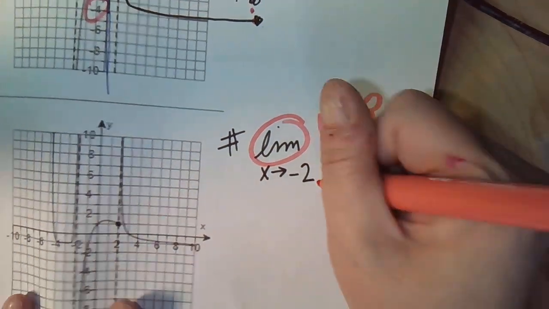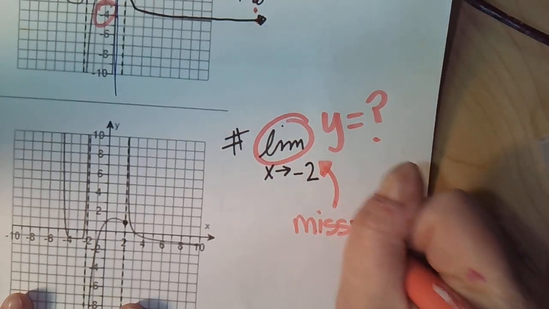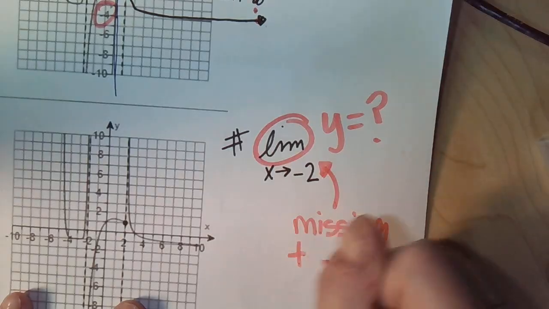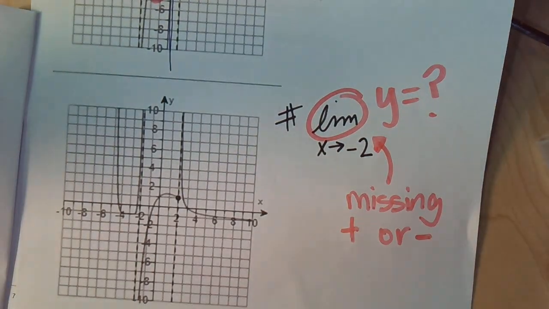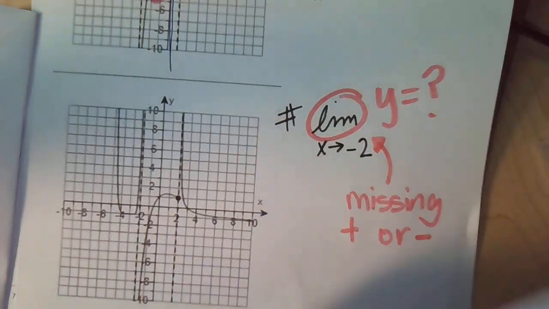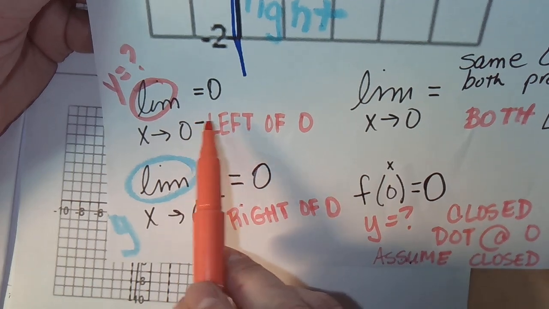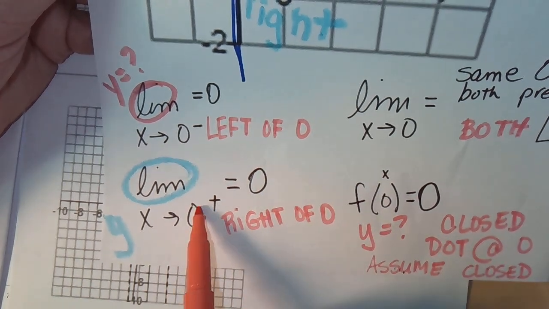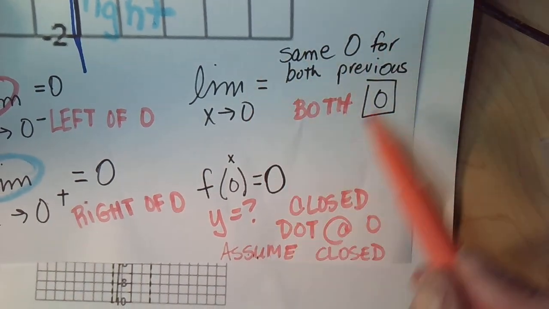Okay, and then also, we're missing that little plus or minus that's usually up there in the air. And that's important. Let's remember, if there's a minus in the air, that means the left part of the curve. If there's a plus, the right part of the curve. If there isn't a minus or a plus, you have to consider both.